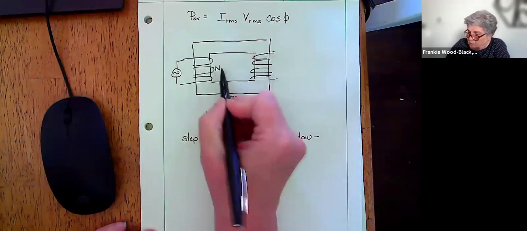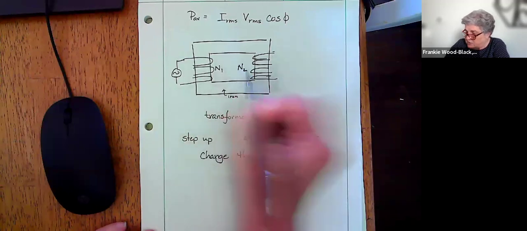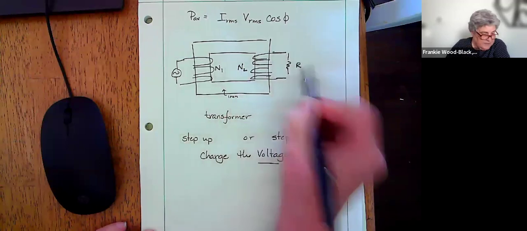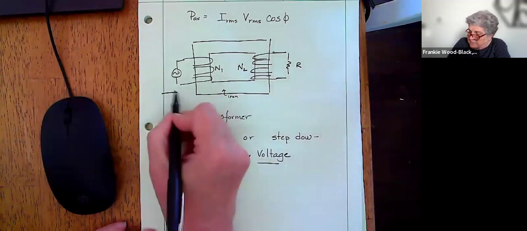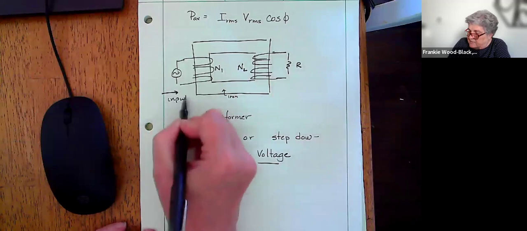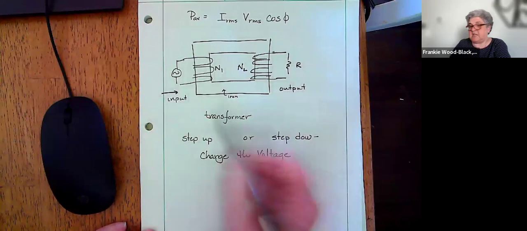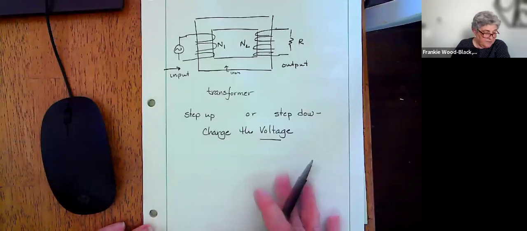So this will have N1 turns, this will have N2 turns, and then there's going to be a resistor over here. And this is going to be my input, and this will be my output, or vice versa, depending whether I'm stepping up or stepping down.